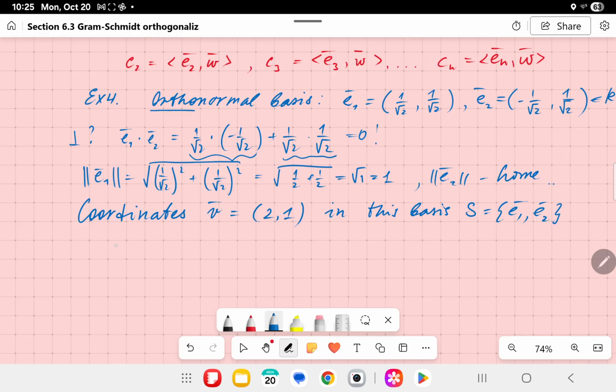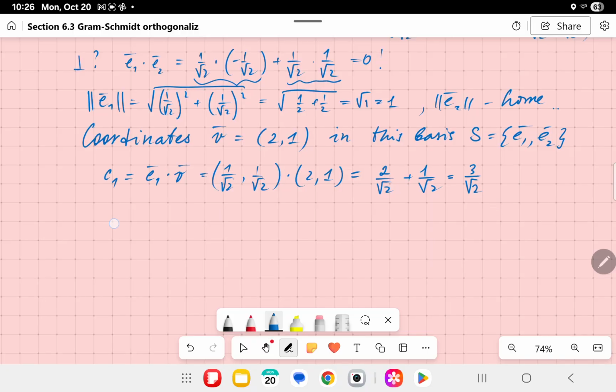Now I'm just going to say that the first coordinate, C1, is going to be E1 dot product with vector V. My E1 is 1 over square root of 2, 1 over square root of 2, dot product with 2, 1, which is going to be what? 2 over square root of 2 plus 1 over square root of 2, which gives me 3 over square root of 2. That's my first coordinate.